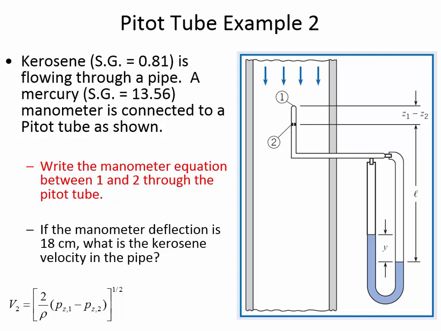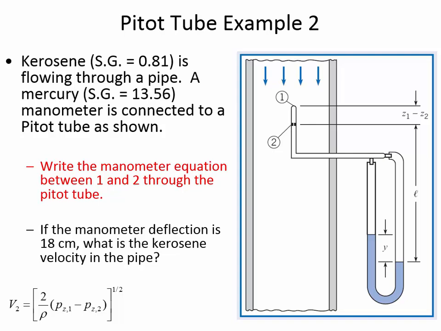Now we're going to go up through the mercury, so minus, and the distance is y, and we're going through the gamma of mercury, which puts us at this interface, and now we're going to have to go up some distance to get to 2 through the kerosene. What's the distance that we're traveling upwards?